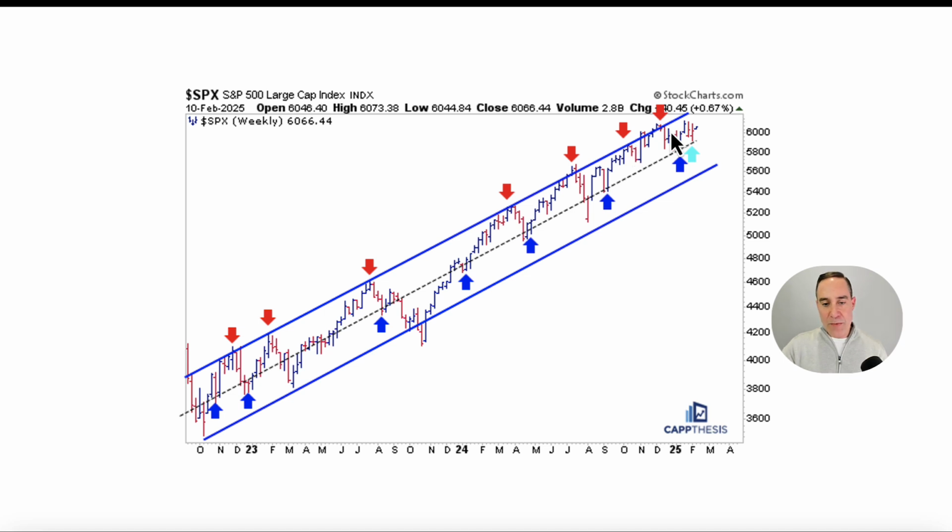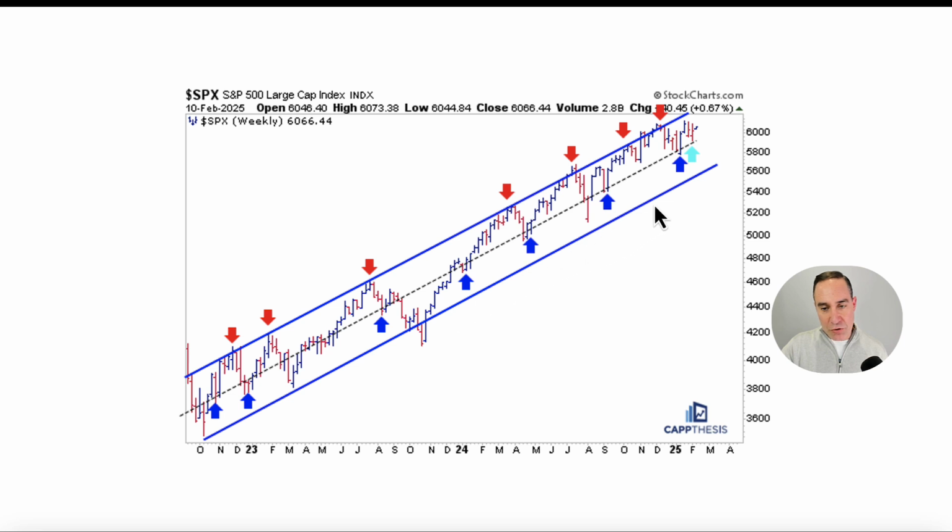And at the same time, since the October 2023 low here, anytime that the S&P 500 has come back down to the middle of this pattern, there's been demand, right? So how we look at this is, well, this is a trend. This is a behavior we have to respect until it changes. Now, someone else could look at this and say, well, we can't ignore this low here.